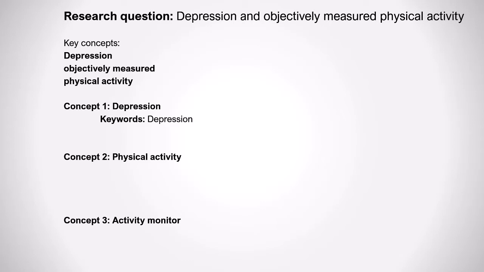So for depression, I happen to know that there are a few keywords in the literature apart from depression that are used in its place. It kind of stands alone. Somebody can display depressive symptoms. They might have mild or moderate to severe depression, but either way, the keyword depression is going to appear in that study.